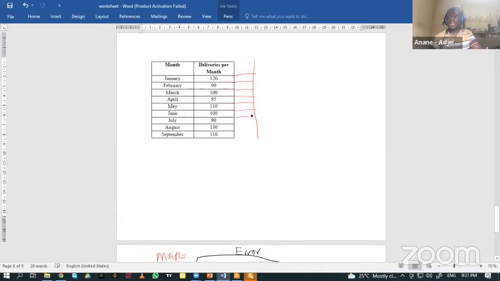So this is the first month, second, third month, fourth, fifth, sixth, 7, 8, and 9. To calculate from the month 4, you will need these 3 figures, add them together. So 120 plus 90 plus 100, all divided by 3.